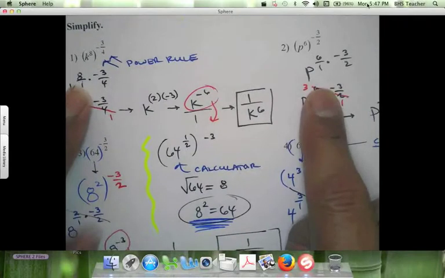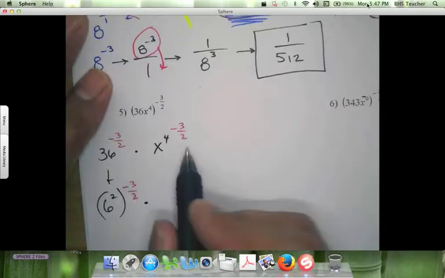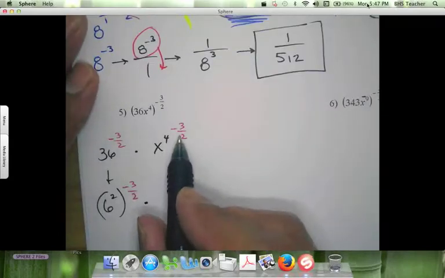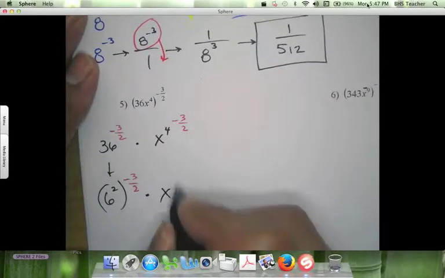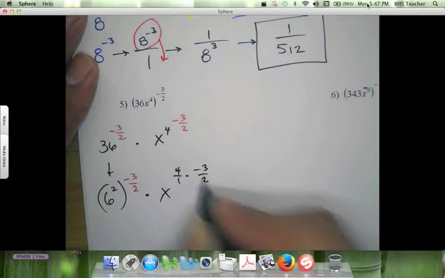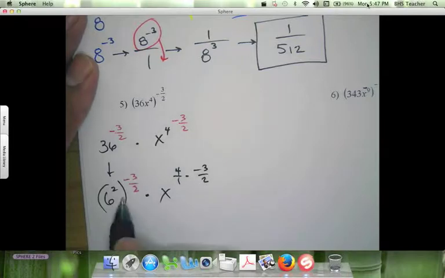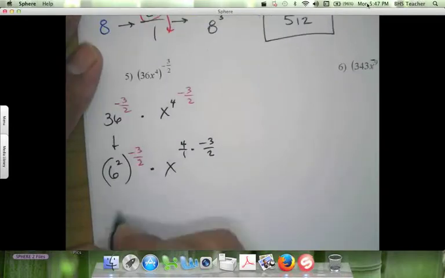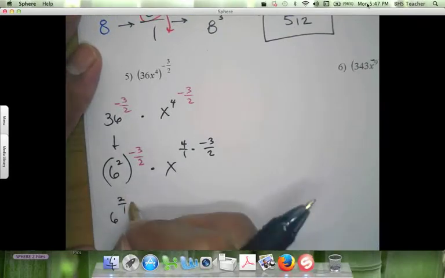For the variables, you just work with the exponents, right? 4 over 1 times negative 3 over 2. The same thing's going to happen here. It's going to be 6, 2 over 1 times negative 3 over 2.